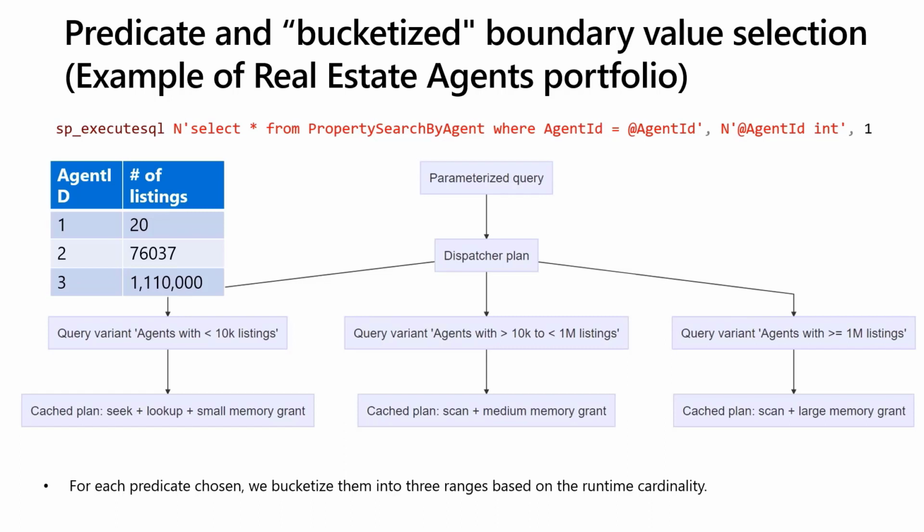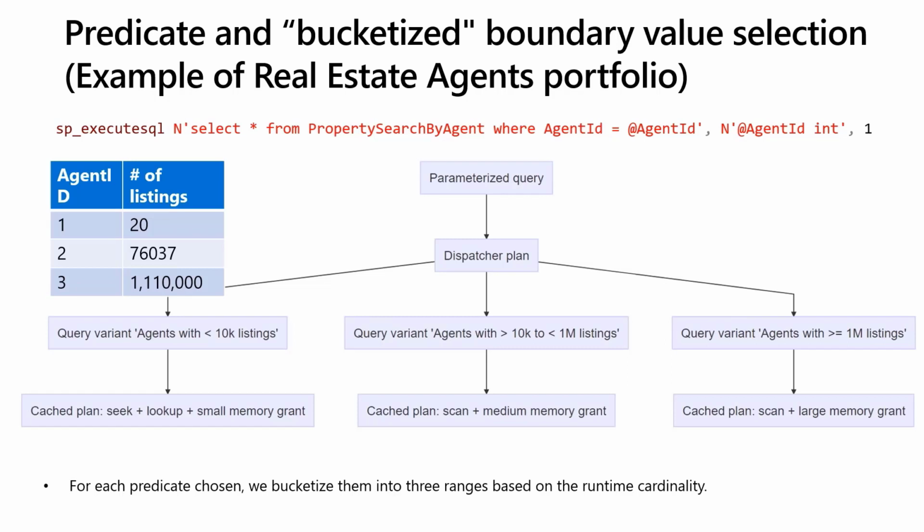For PSP eligible plans, the initial compilation produces what we call a dispatcher plan. The dispatcher plan has an element inside of it that we'll call a dispatcher expression. This dispatcher expression is used to essentially calculate the cardinality, but at the end of the day, the dispatcher plan's job is to create query variants.